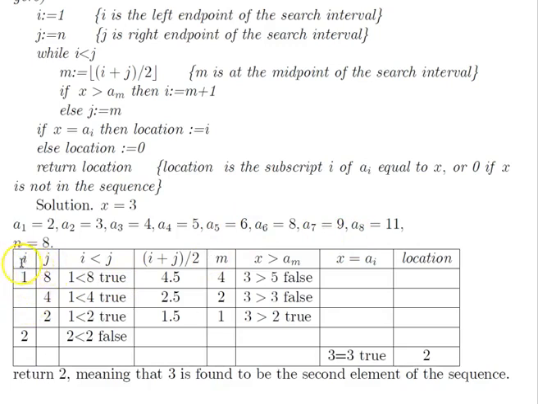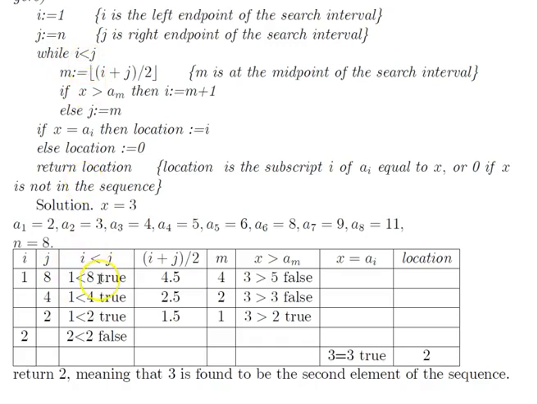For i, first i takes value 1. In the beginning our columns are empty, and then we start to fill them out from the execution of the algorithm. i takes value 1, j takes value n, which is 8, and then we arrive at the while loop.